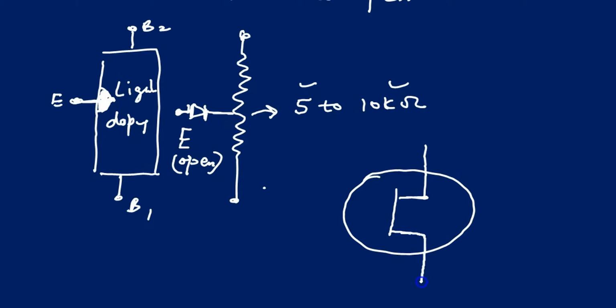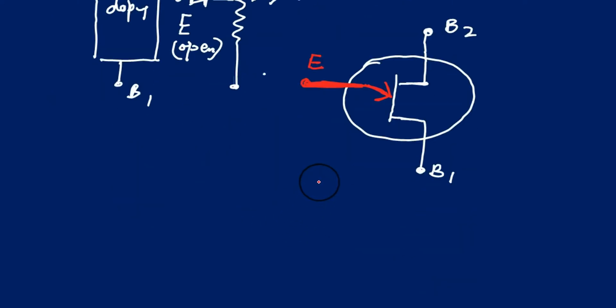The symbol of the UJT is like this: the two bases and then the emitter terminal. It is bent and has an arrow. This arrow shows the direction of the emitter current.